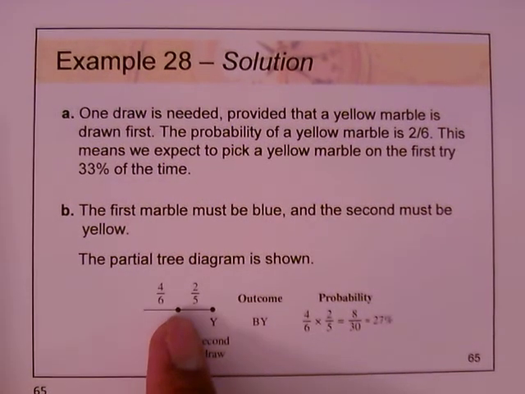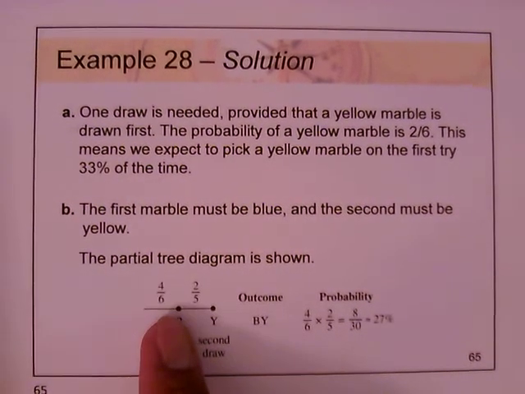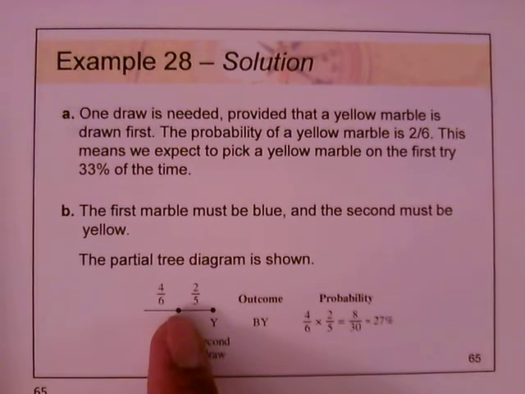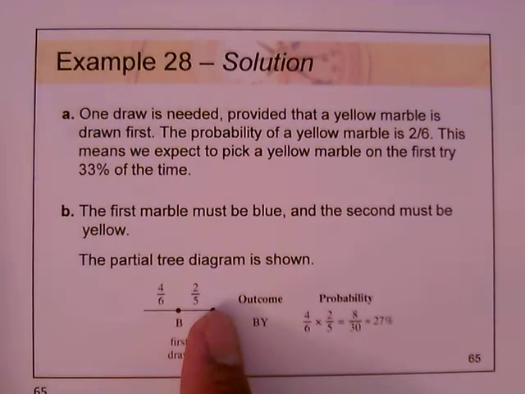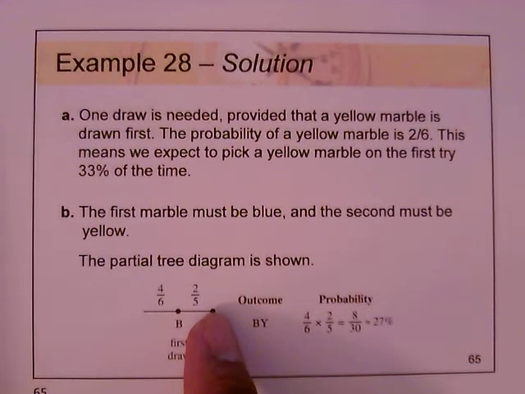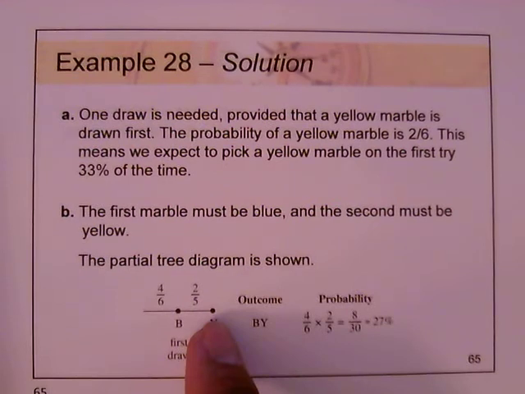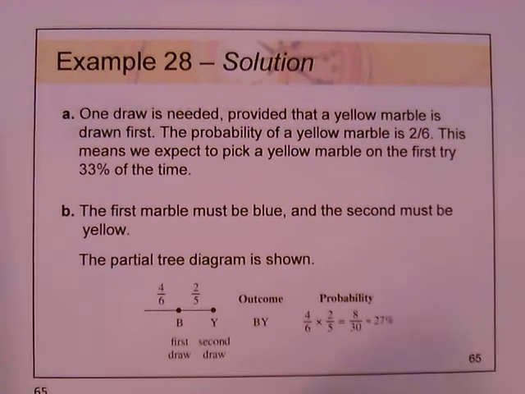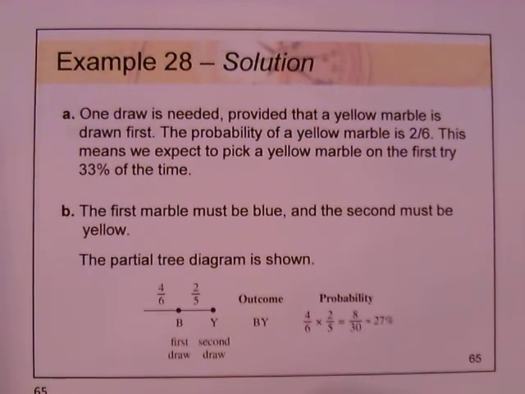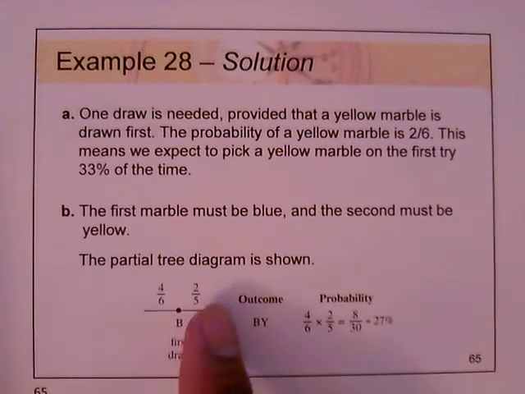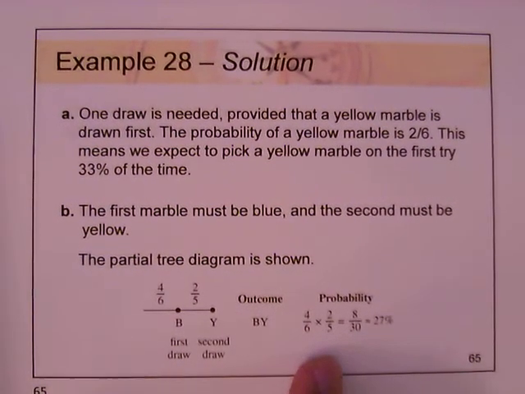There are 4 blue marbles, so it'll be 4 out of 6 for that probability. And then there's only 5 remaining. So that's why that denominator is 5. But there are 2 yellow marbles, so that probability of drawing a yellow marble, given that the first marble was blue, is 2/5. Multiply those 2 probabilities. 4/6 times 2/5 would be 8 over 30.